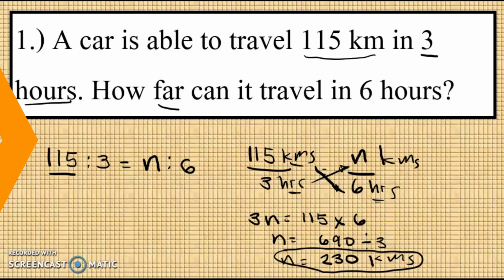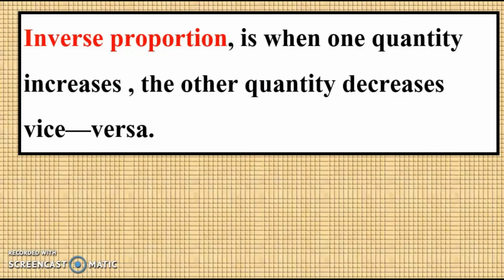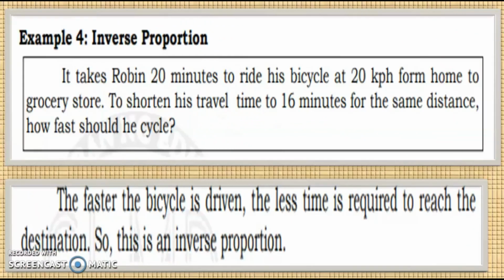Okay? Okay, so let's proceed to inverse proportion. It is when one quantity increases, the other quantity decreases, and vice versa. Okay, so we have here an example of an inverse proportion. So, let's read. It takes Robin 20 minutes to ride his bicycle at 20 kilometers per hour from home to grocery store.